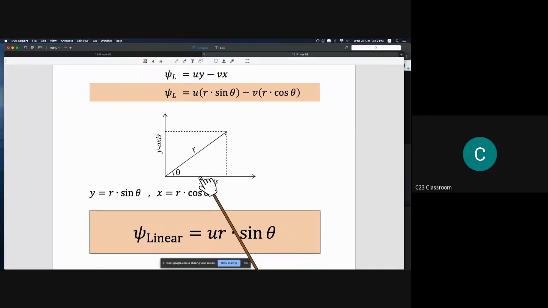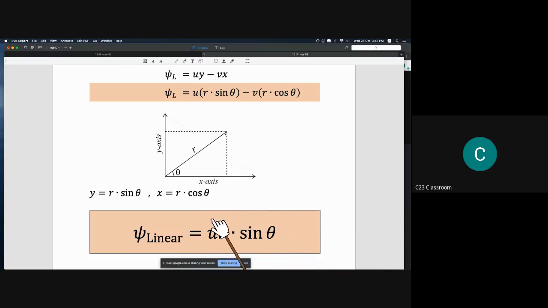It means you just rotate your x axis to make sure it becomes like this, so the x axis is parallel with the flow. That's what fluid mechanics people normally do, because it simplifies the terms of v, since it is now parallel with the x axis. There is no velocity on the y axis, so the term minus vx will become 0.